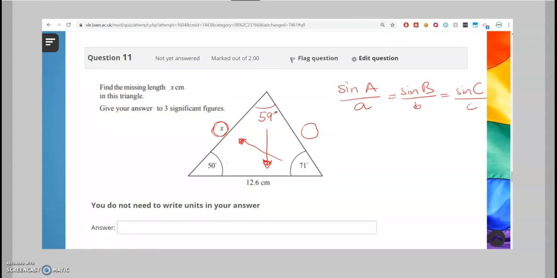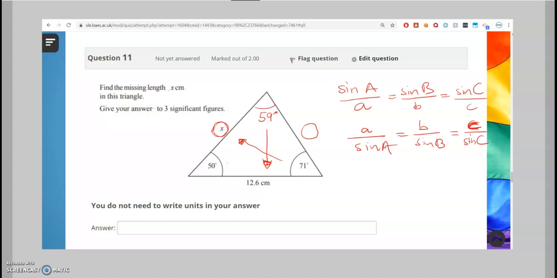Or you could have them as a over sine A is equal to b over sine B equal to c over sine C. This is the lowercase c. So A or B or C could be any of these. We just know that the lowercase ones mean the lengths, and the capital letters mean the angles.